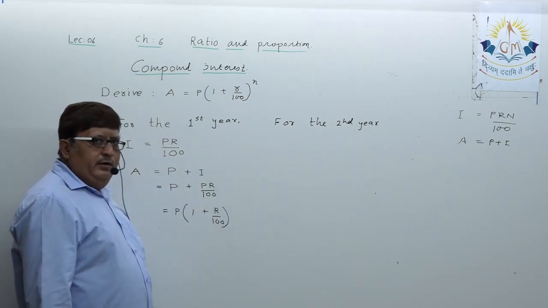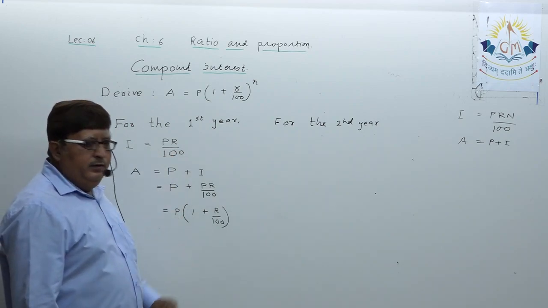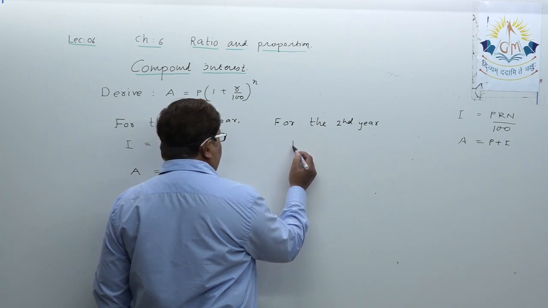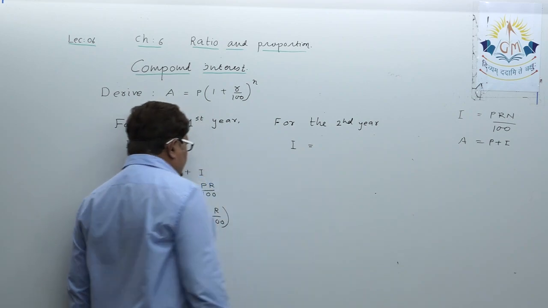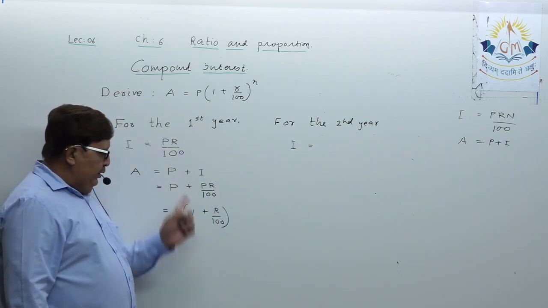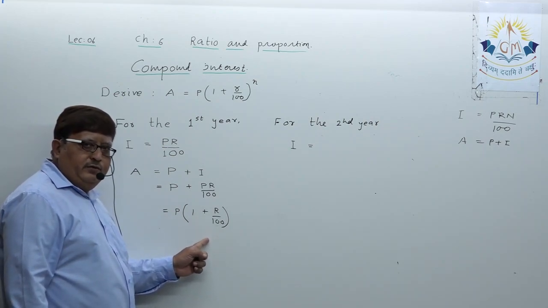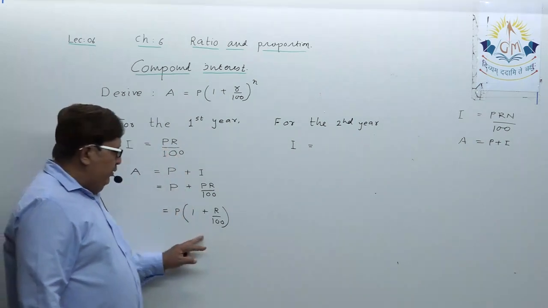For the second year, let us try to find interest. I can't put this P. Now this becomes P for me. Try to understand. So instead of P, I am going to write this.